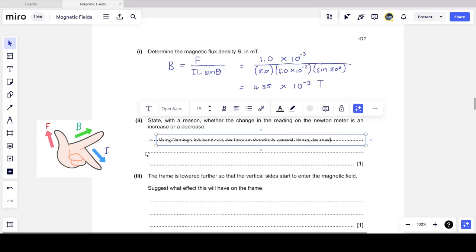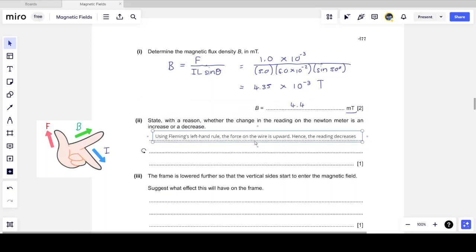the Newton meter reading decreases. So it's as if I'm decreasing the force on the Newton meter because the force on the wire is upward. So the force opposes the weight of the wire pulling the Newton meter downward, and so the reading decreases.